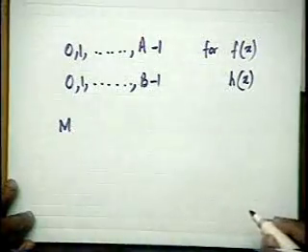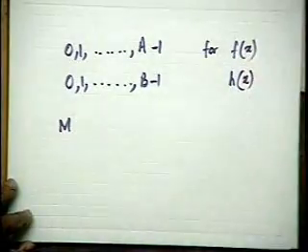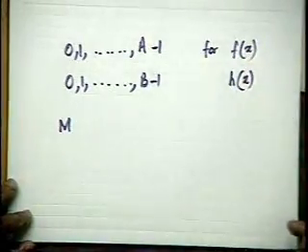Let us say that that period is equal to capital M, and we are going to have both f of x and h of x as a periodic function having capital M number of samples.